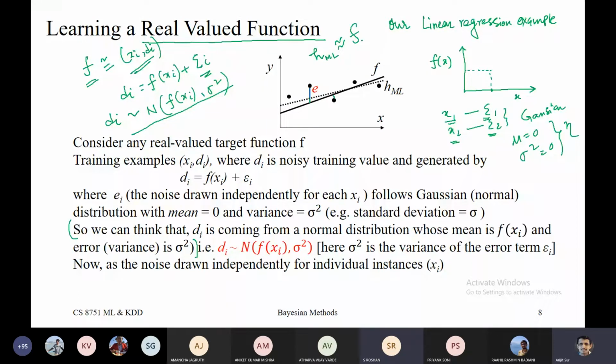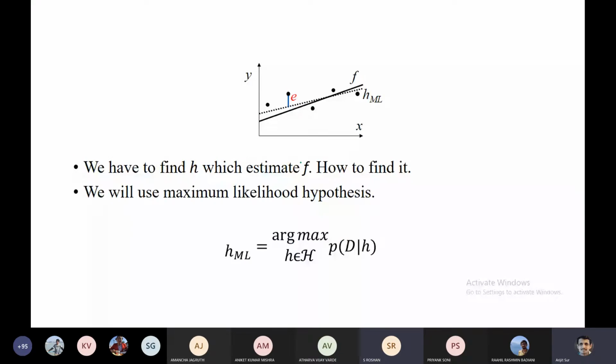That is our goal, using the maximum likelihood we have seen. So we have to find h which estimates f. How do we find it? We use the max ML hypothesis.